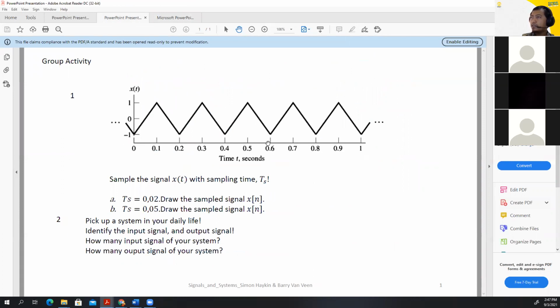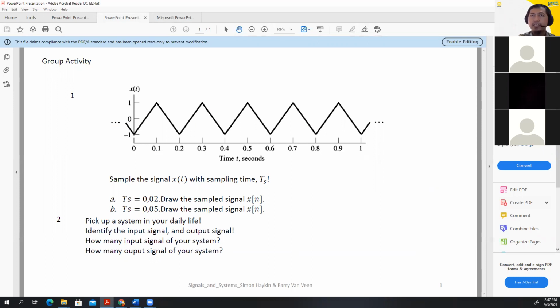You can see here, this is a group activity that you have to conduct right now. Please conduct this group activity, and you have maybe 30 minutes to complete it.